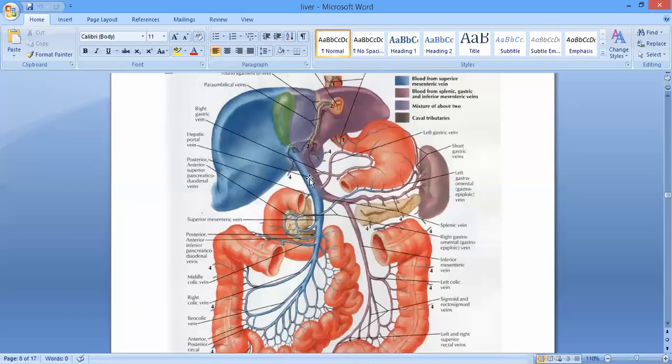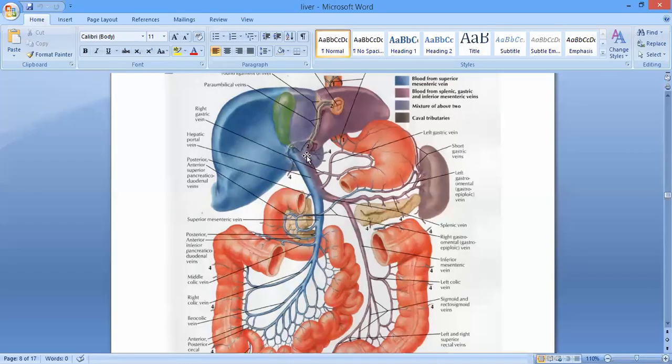So the portal vein is formed by the splenic vein and the superior mesenteric vein, and this portal vein will run upwards and to the right, just behind the neck of the pancreas, and then the first part of the duodenum, and then it will be running behind the bile duct and the hepatic artery, posterior to that one, in the right free margin of the lesser omentum, and then it will reach the porta hepatis over here. And when it reaches the porta hepatis, it's going to divide into the right and the left terminal branches. ठीक है जी? Is it clear?